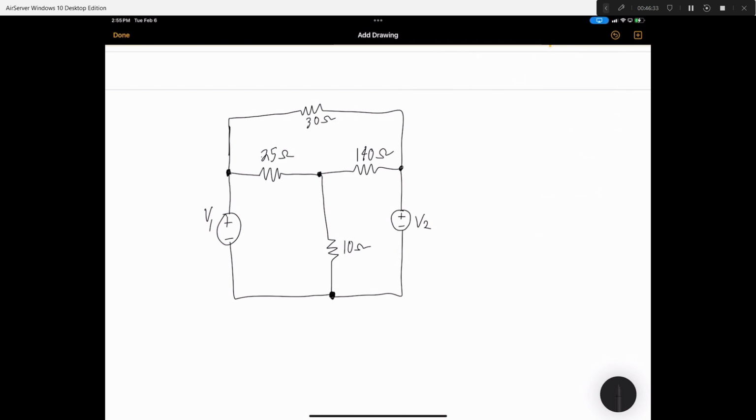Alrighty, let's find those essential nodes. We have one here, another here. I'll make it a little bit bigger. We have another one here, and one down here. I'll make this ground.